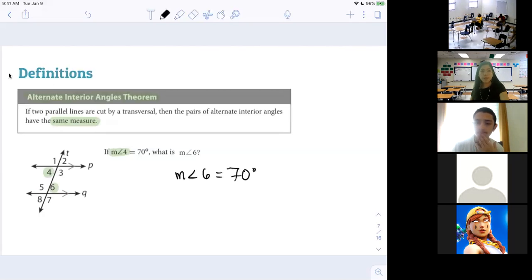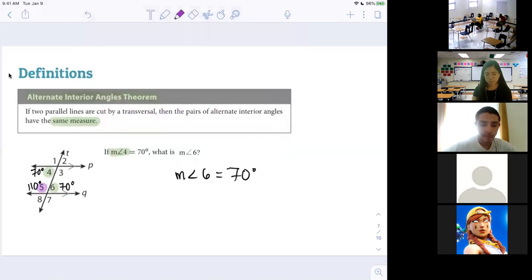So that makes things very, very easy for us to figure out, because now I know that angle 4 is 70, angle 6 is also 70, angle 5 we had to subtract, and we got 110. So what do I know about angle 3?